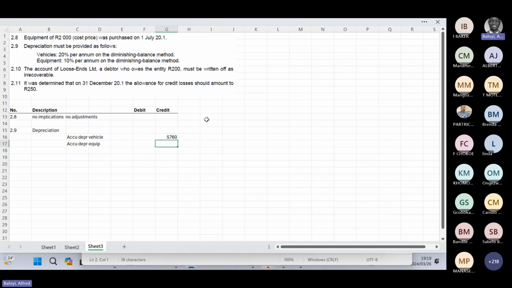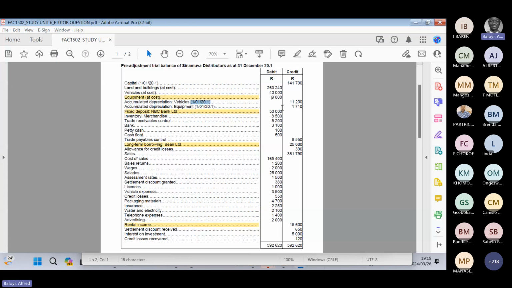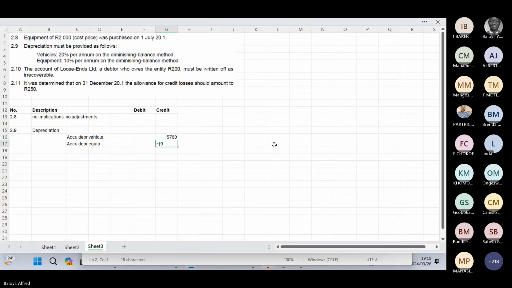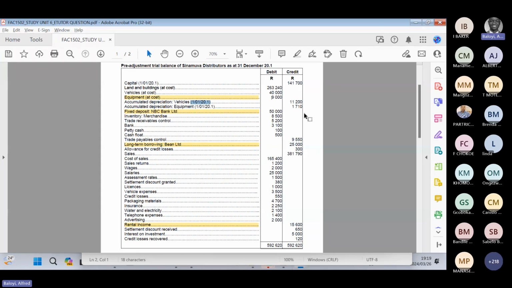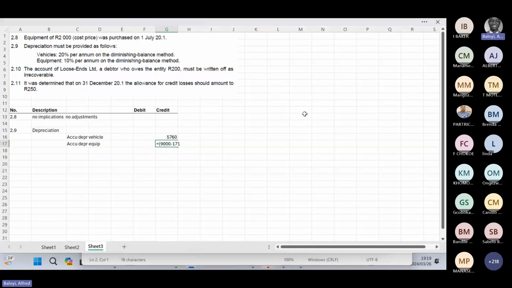And then similarly, for equipment, we know that we have equipment of 9,000, which is 9,000 minus accumulated depreciation 1710, multiply. No, wait.